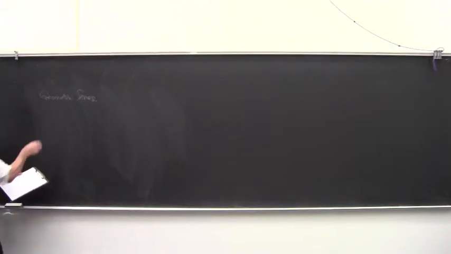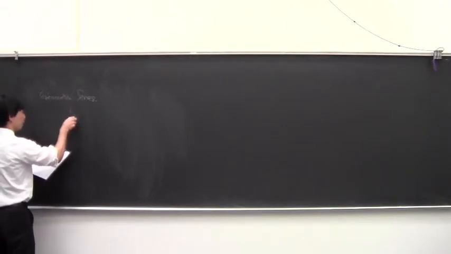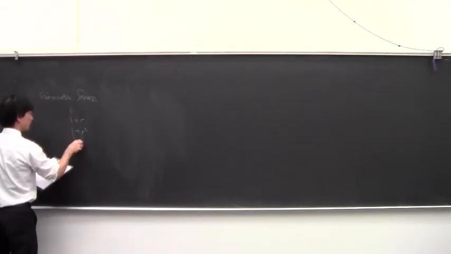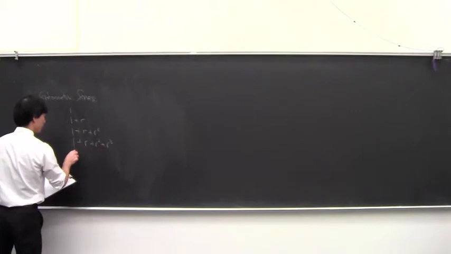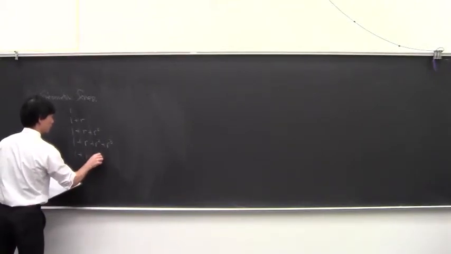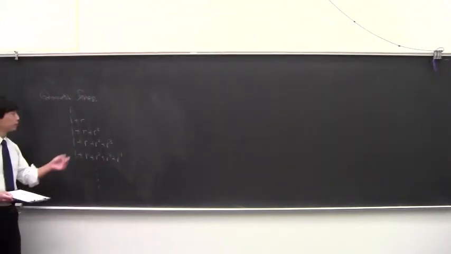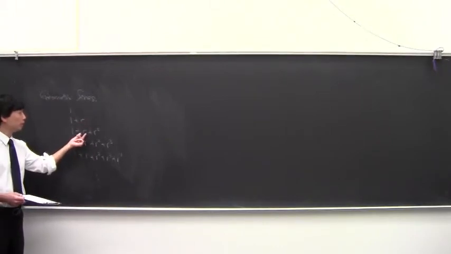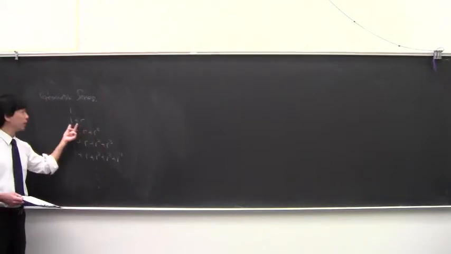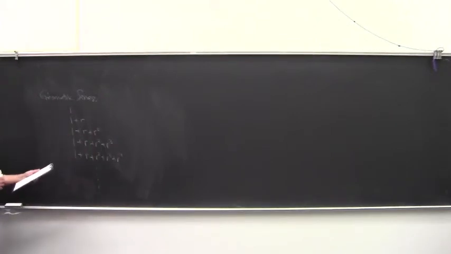A geometric series is a sequence of the form 1, 1 plus r, 1 plus r plus r squared, 1 plus r plus r squared plus r cubed, 1 plus r plus r squared plus r cubed plus r to the fourth, etc. So you're adding an increasing number of terms, and the terms that you're adding are all powers of r: r to the 0, r to the 0 plus r to the 1, r to the 0 plus r to the 1 plus r squared, etc. You're adding powers of r.